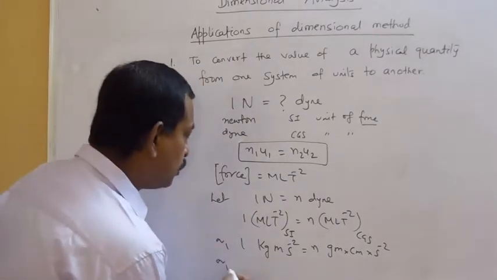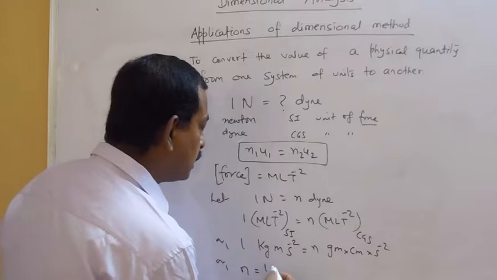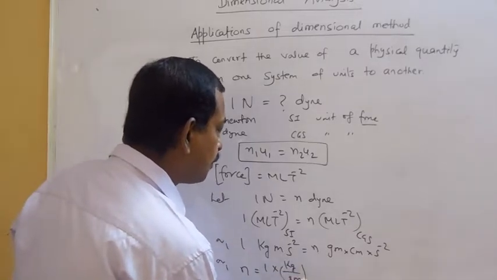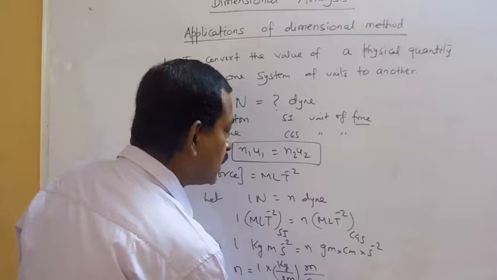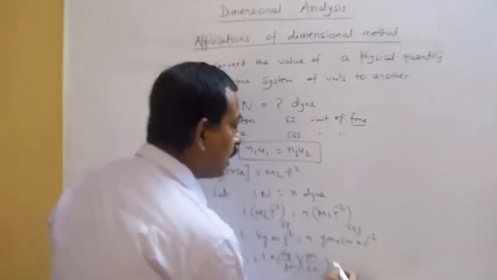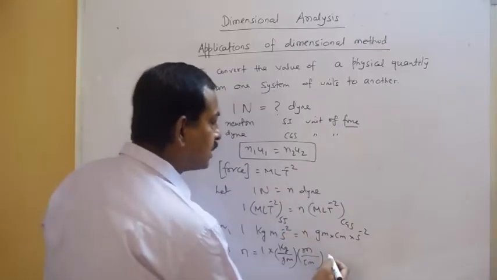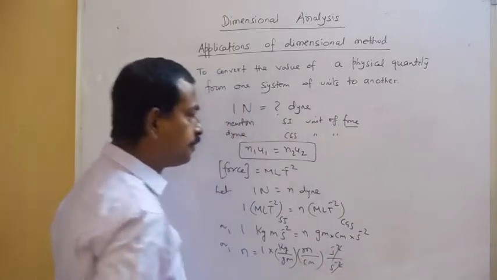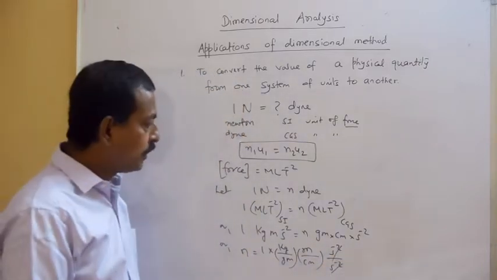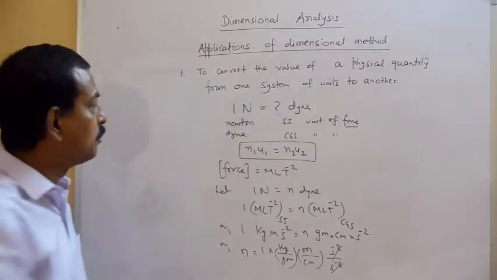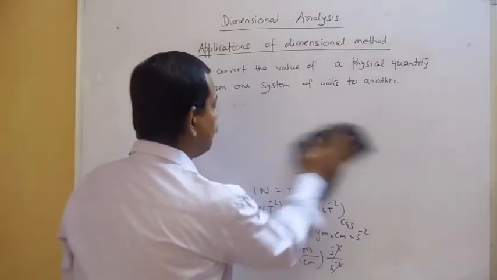So here for n, it is 1 into kg by gram, meter by centimeter, and per second square will get cancelled. Now we'll just be putting the values.